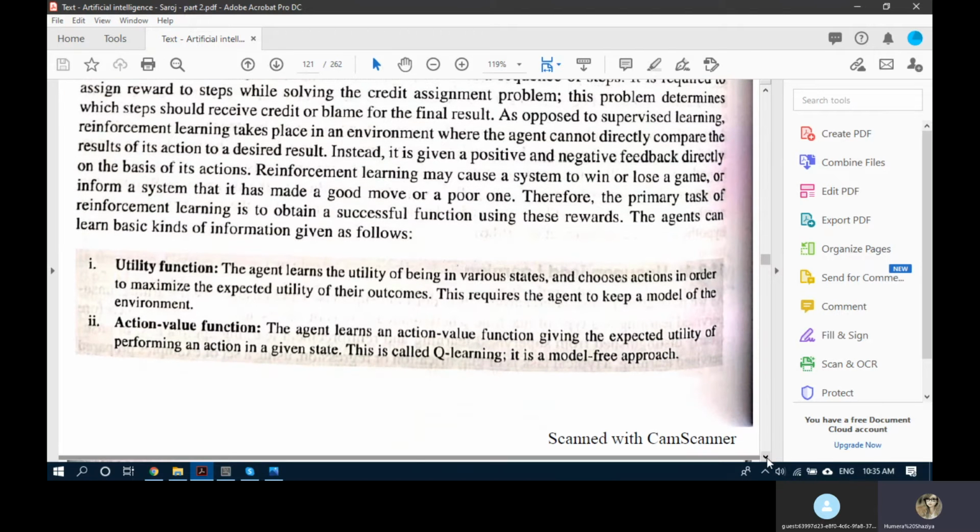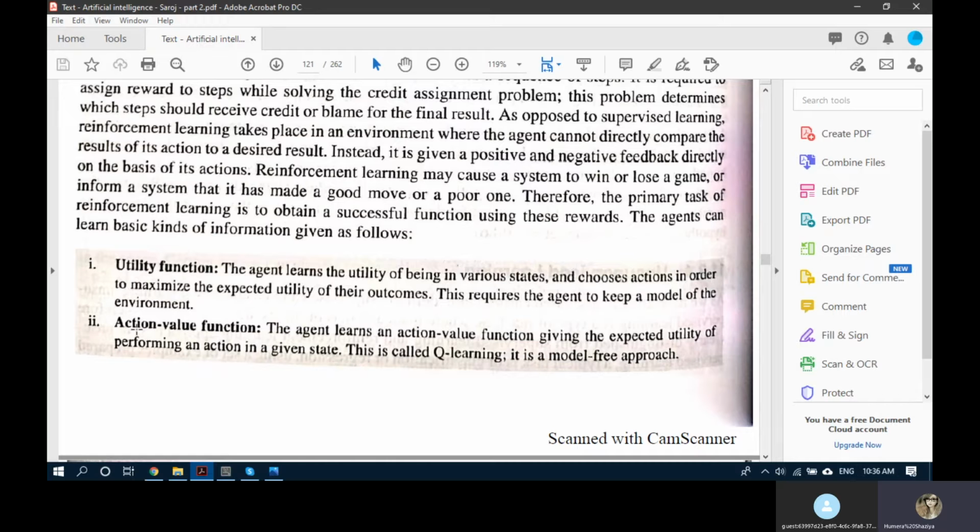Essentially what happens is the agent learns basic kinds of information like the utility function. The utility function is about performing some useful task, and the action value function is, in other words, for a particular action, the value which the agent receives.